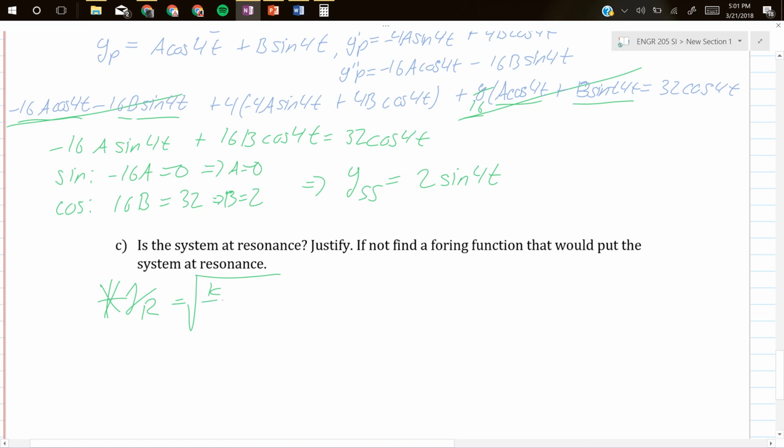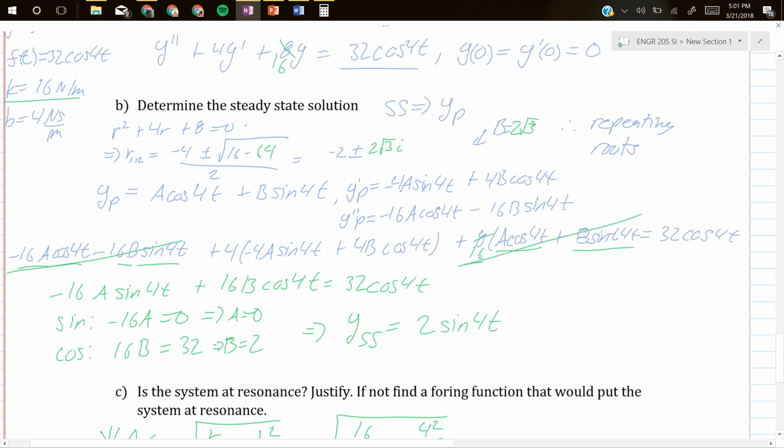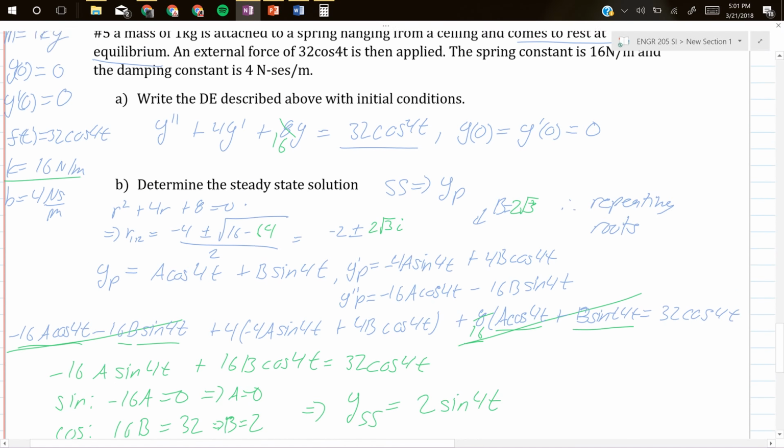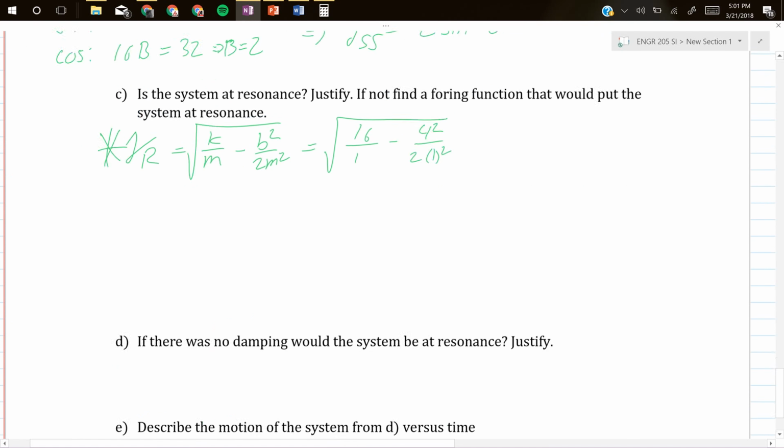Gamma r equals the square root of k over m minus b squared over 2m squared, which equals the square root of 16 over 1 minus 4 squared over 2 times 1 squared. I'm going to double check that. Yes, b is 4, k is 16, and m is 1. So this equals the square root of 16 minus 16 over 2, which is 8. So it equals the square root of 8, which equals 2 root 2.